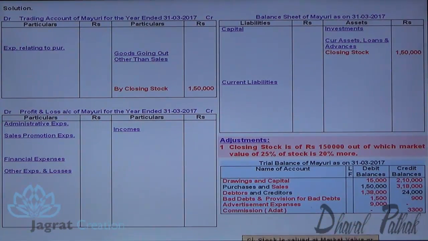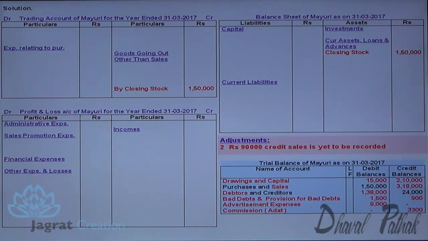Next adjustment, 90,000 credit sale is yet to be recorded. Sales 3,18,000. I write debtors 1,38,000. If you record sales, debtors account, customers account debit, sales account credit, so add to customers, add to sales is the adjustment effect.